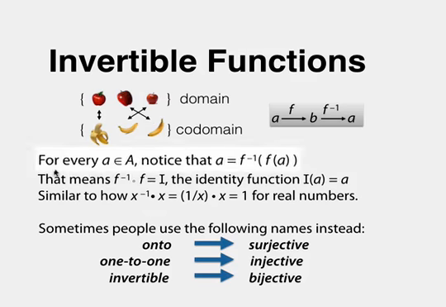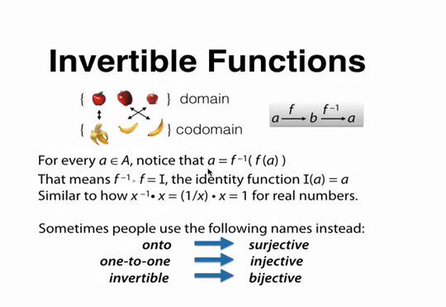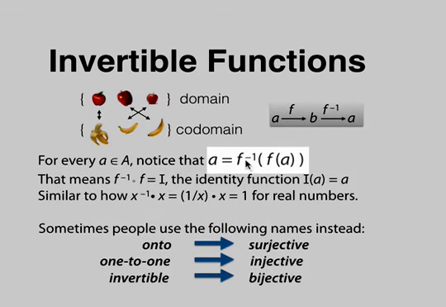So for now, notice that for every a, if you apply f to it, you get a banana. Then you apply f inverse, and you get back that input. See how concisely we can state this in mathematical terms, right?